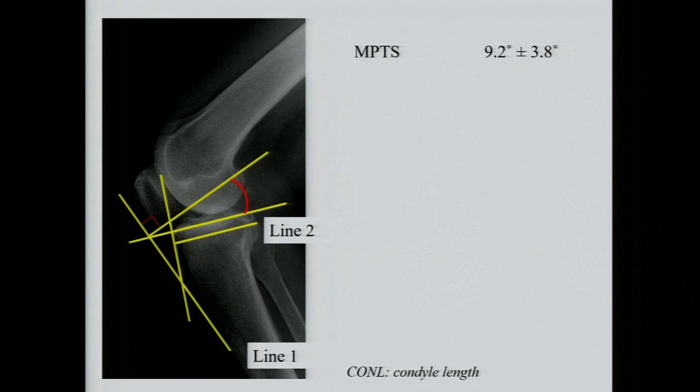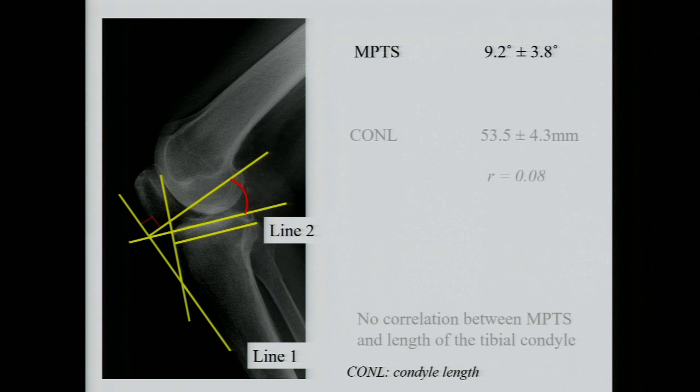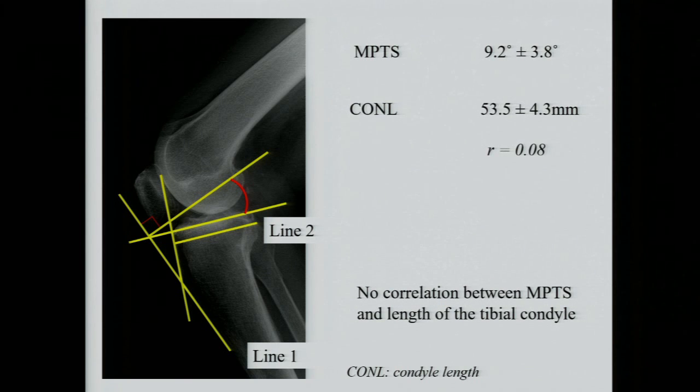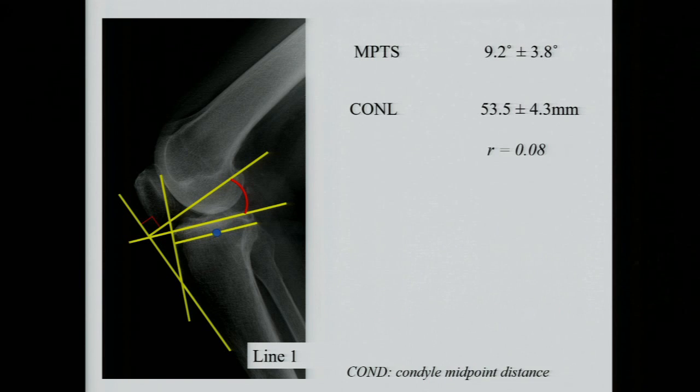And then we measured the distance of the tibial condyles. The length of the tibial condyle does not have a correlation with the MPTS. And then we also measured the distance from line 1 to the midpoint of the tibial condyles.